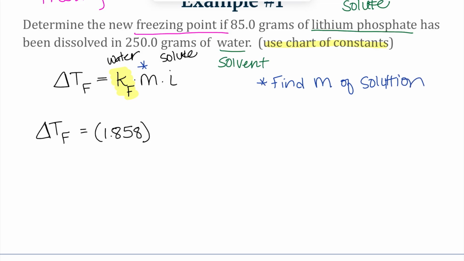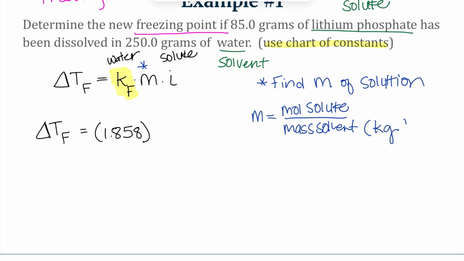So molality, that lowercase m, looking at our formula sheet, molality is moles of solute over mass of solvent, and we need that in kilograms. As I'm looking at this calculation, for moles of solute, I have 85 grams of lithium phosphate.